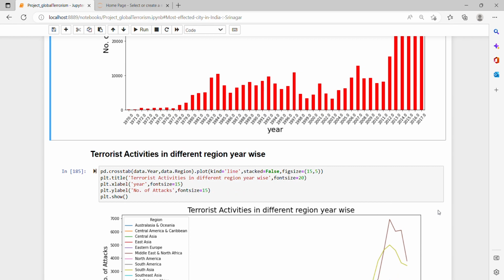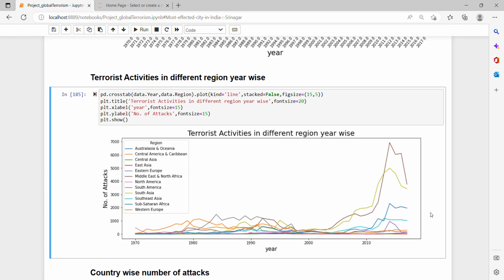Now coming to the region-wise analysis, I have derived this graph in which we can see that these two line graphs have the major terrorist activities. The upper line shows the Middle East and North Africa, and this yellow line shows South Asia, and these two regions have always been more prone to terrorist activities so far.